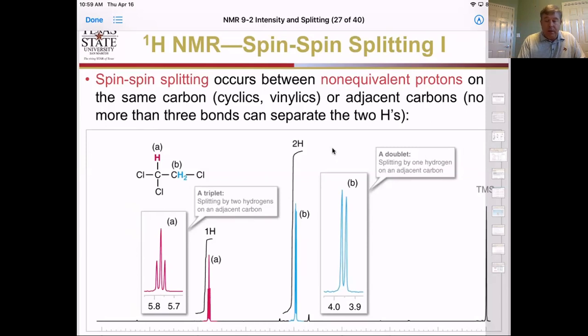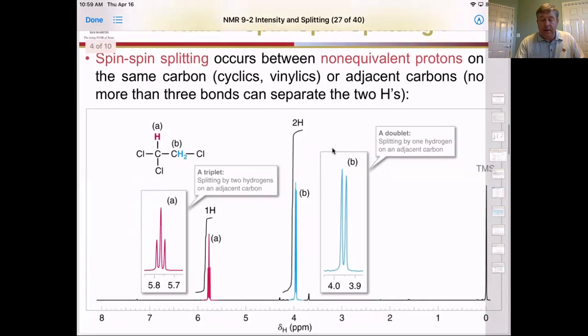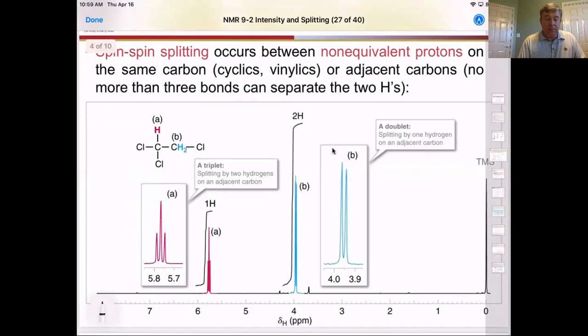So let's look at this compound here and start looking at how we are going to do our spin-spin splitting here. So in this case here, we have 1 equivalent hydrogen because we have 2 chlorines on this molecule here. And we have a different set of equivalent hydrogens because they are together on this one that only has a single chlorine on it.